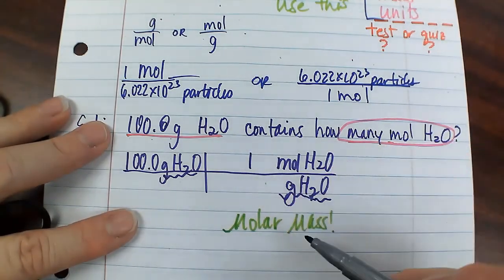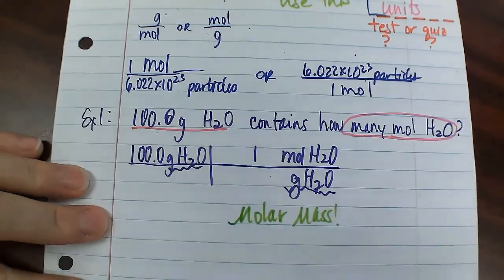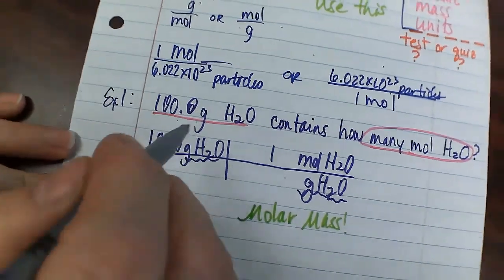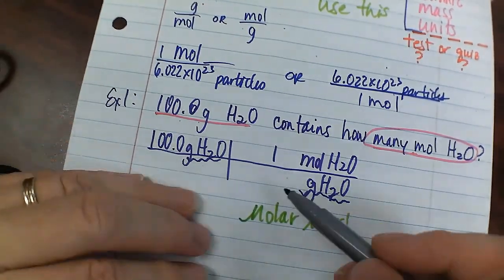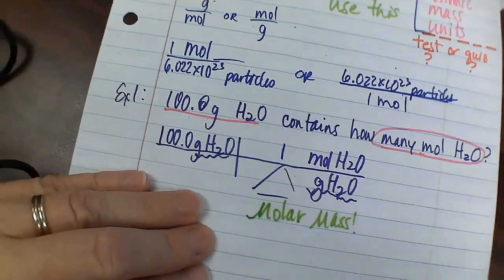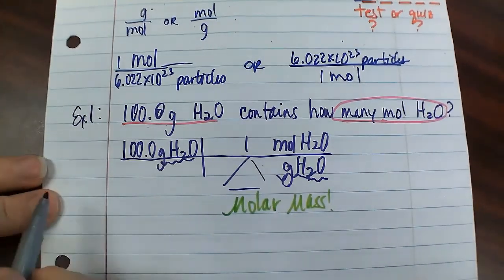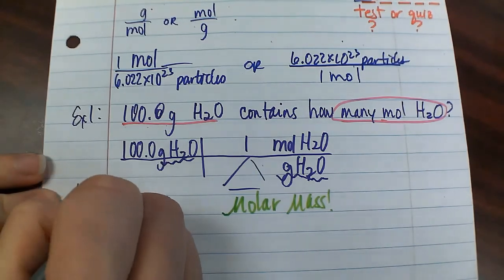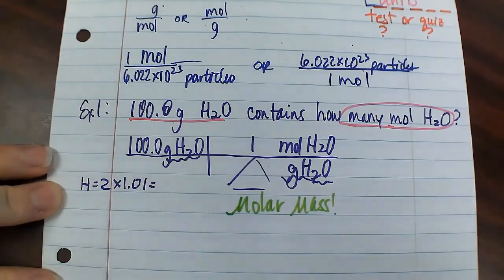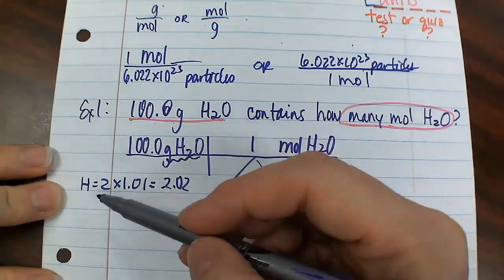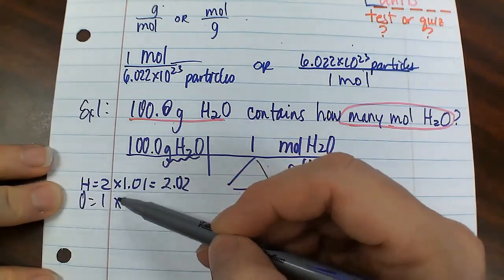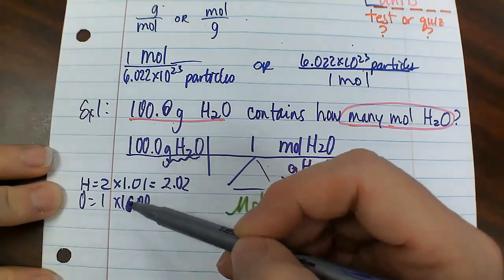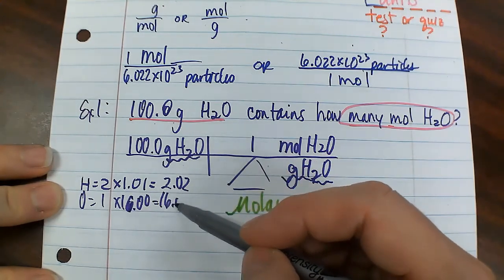So I got 1 mole, and then for H2O, I go to my periodic table. And I have hydrogen. I've got 2 of them times 1.01. I've got 1 oxygen times 16.00.